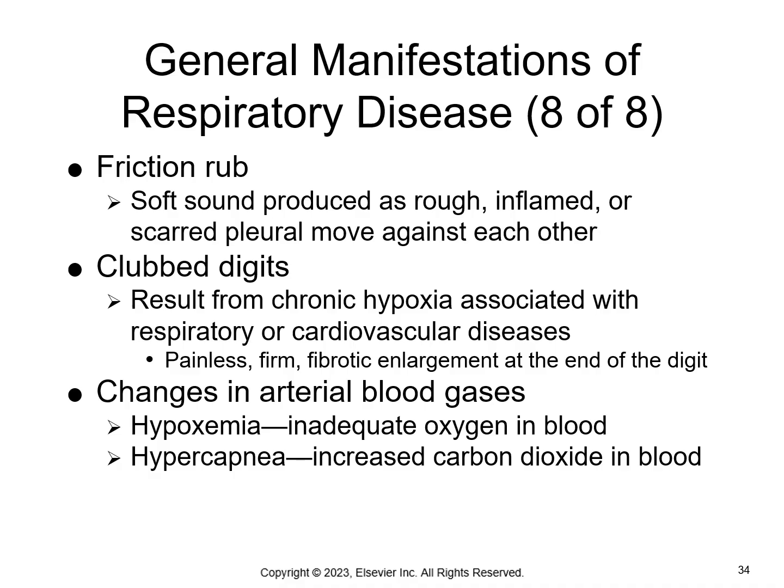Hypoxia affects cell metabolism, reduces the cell's function, and leads to anaerobic metabolism, which is then going to cause them to start to produce lactic acid, and that can cause the development of metabolic acidosis. The brain is susceptible to oxygen deficits more than any part of the body because it doesn't really have that storage capacity that we see in other areas of the body, but yet it constantly needs the oxygen.